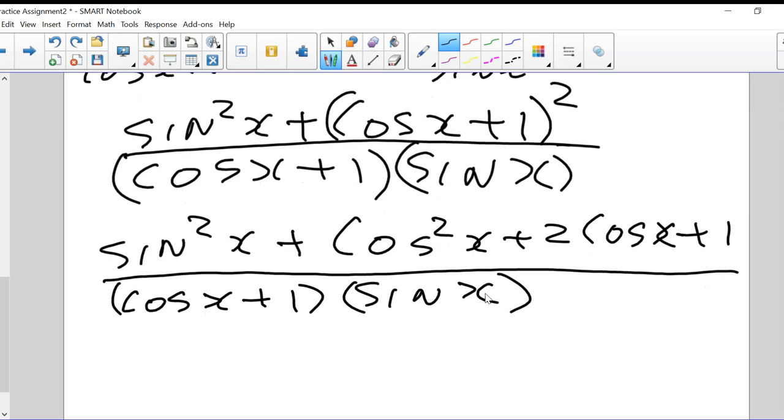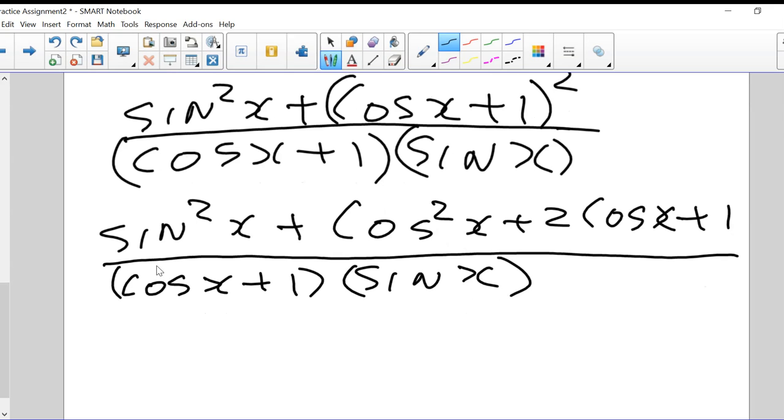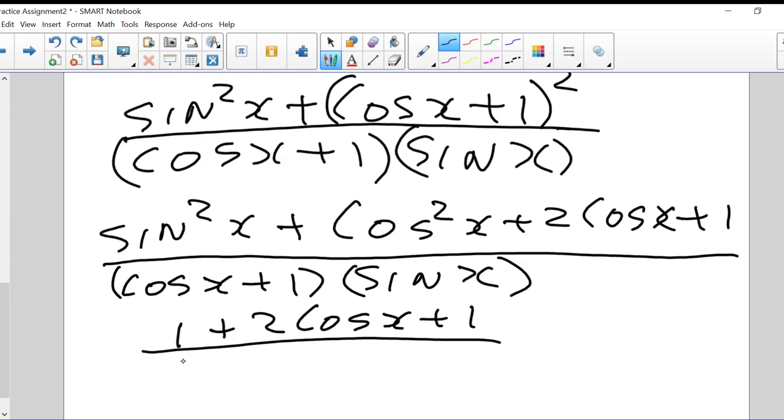Okay, can we tidy up the top? Yes, we can. Sine squared x plus cos squared x is what again? It's 1. So it's 1 plus 2 cos x plus another 1 over cosine x plus 1 times the sine x.